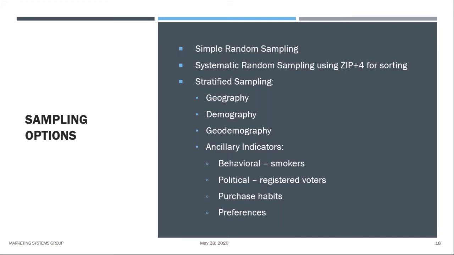And obviously, all sorts of stratified sampling options are available based on geography, demography, and various ancillary data. One of the unique features and capabilities of MSG is the availability of statisticians in-house that can support designs that are as complex as they can be.